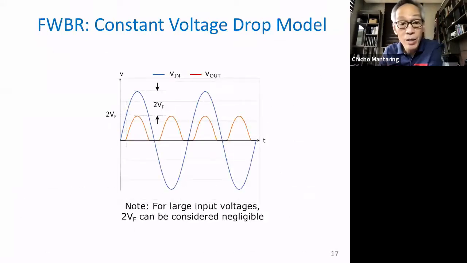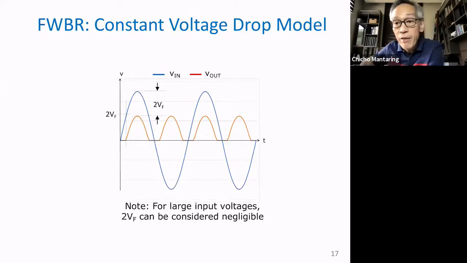So this is how your output is going to look like. This is D2 and D4 conducting. This is D1 and D3 conducting. And then itong area na to, none of the diodes are conducting. So your output is equal to 0.